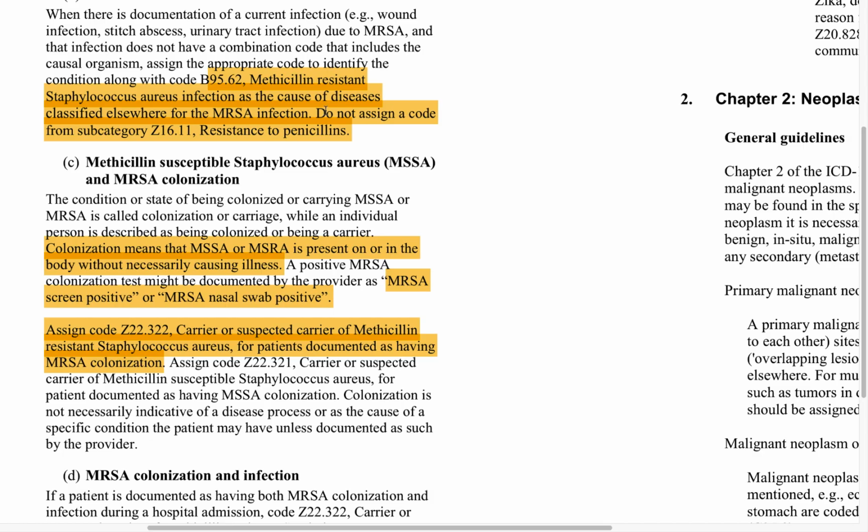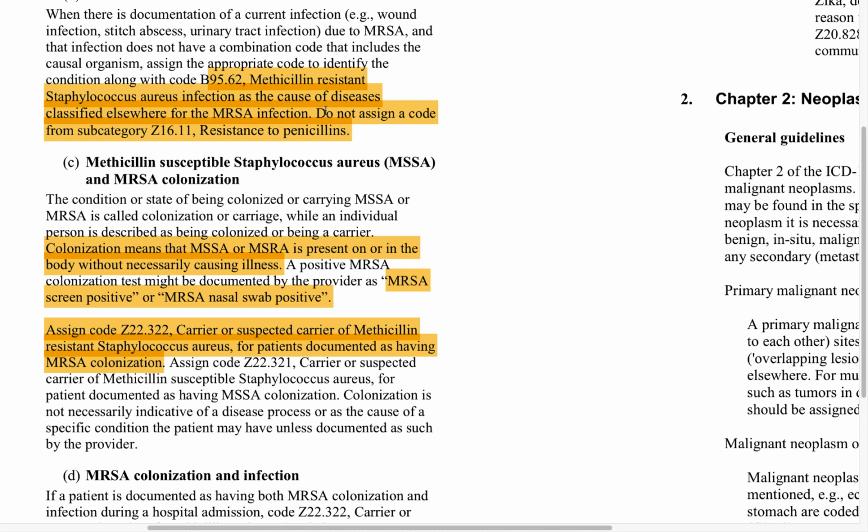The condition or state of being colonized or carrying MSSA or MRSA is called colonization or carriage. While an individual person is described as being colonized or being a carrier, colonization means that MSSA or MRSA is present on or in the body without necessarily causing illness.